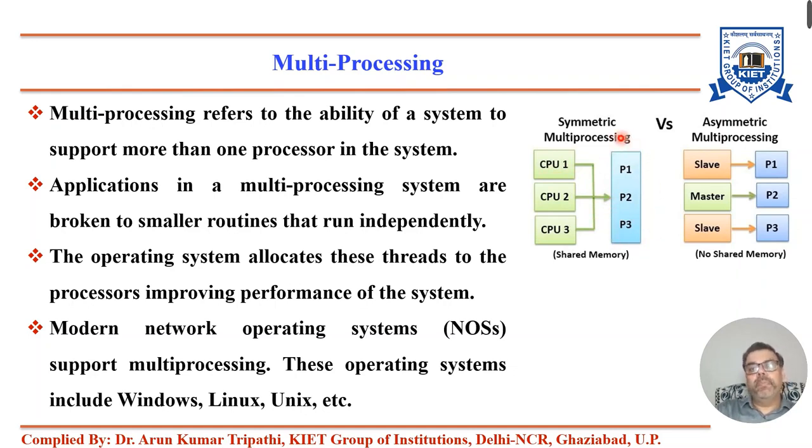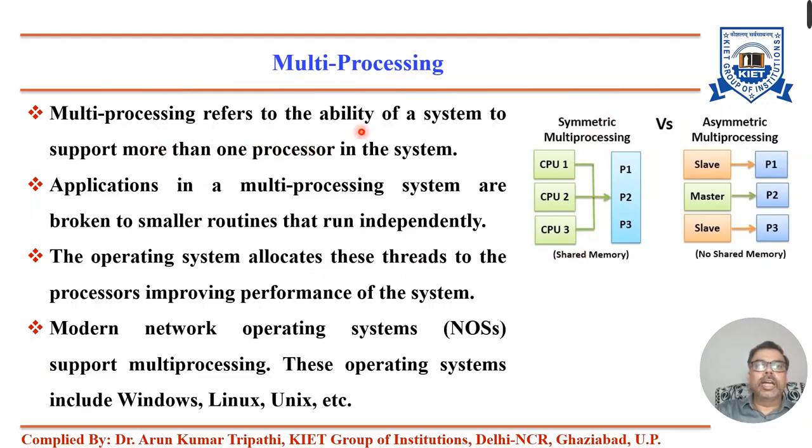This is possible basically in tightly coupled systems, means on a single motherboard. While in the case of asymmetric multiprocessing, there is a master and there is a slave. So the master controls the slave. There is no shared memory. Each processor has its own memory area. This we will cover in lecture number 2.